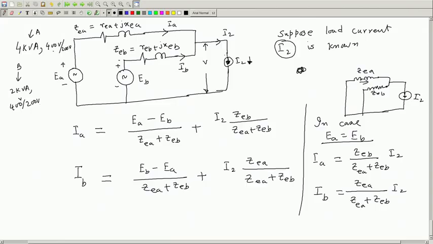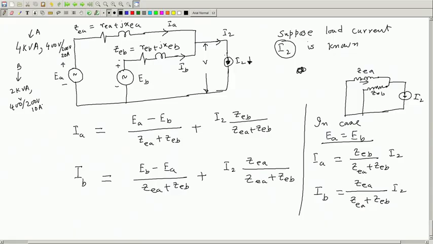What is the rated current of this? LV side rated current is 20 ampere. And what is the rated current of this? LV side rated current is 10 ampere.